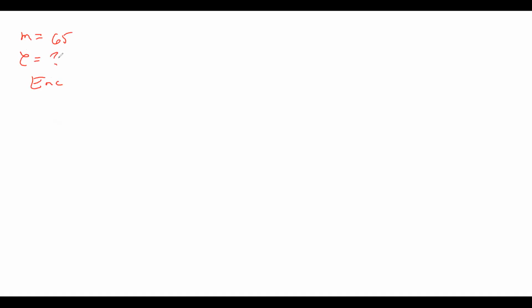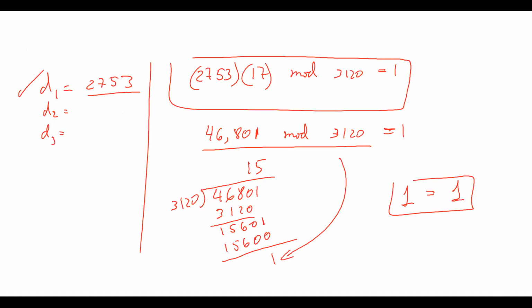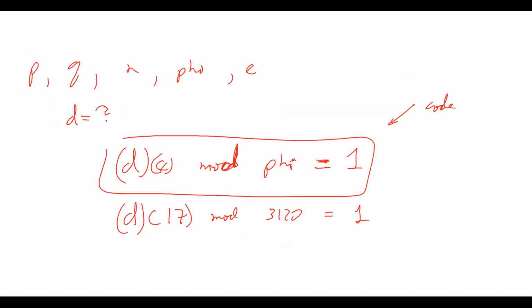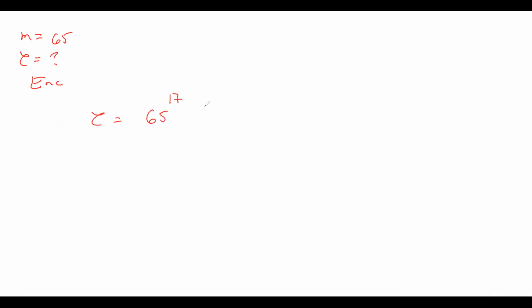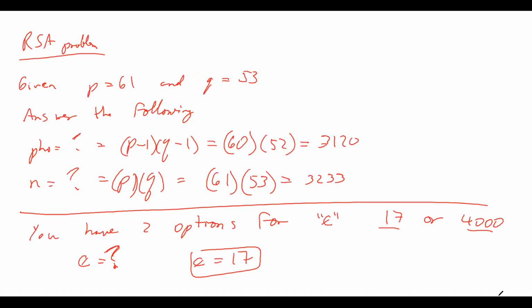So what you would do is, well, I know the equation. Cipher is 65 to the E, and 17 is E, so that's 17, mod N, right? And N was 3233.